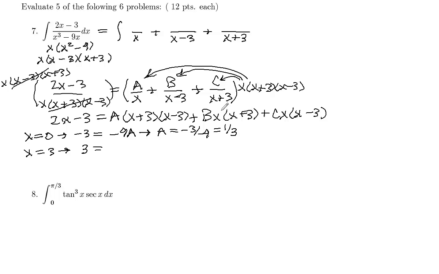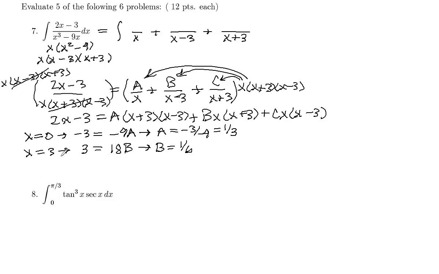So that's going to be 3 times 6, 18. So 18b. And then when you plug the 3 in here, you get 3 minus 3, which is 0. So that term drops out. So we just get 3 equals 18b, and then divide both sides by 18. So your b is going to be 3 over 18, or 1/6. So the 1/6 is going to go over the x minus 3.